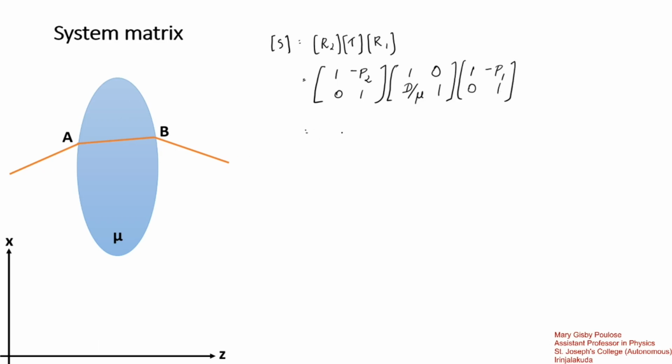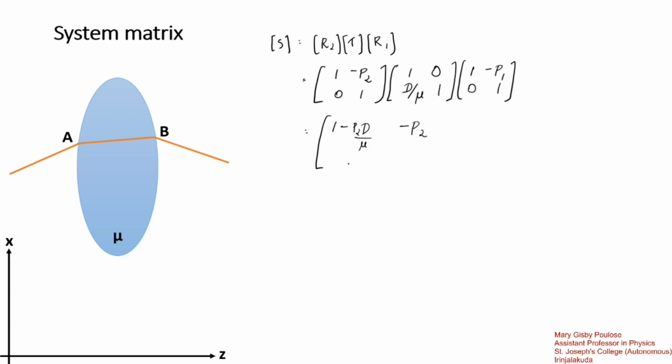This is equal to, taking product form, I can write 1 minus P2 d by mu, that is these two terms plus these two terms. Then the second term becomes these two terms plus these two terms, that is minus P2.